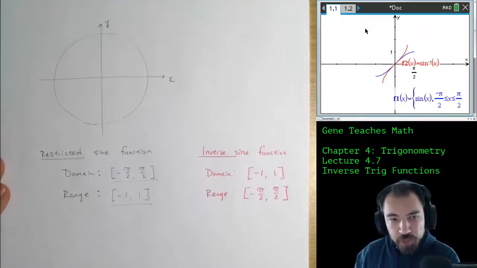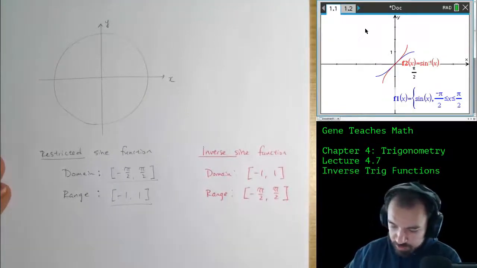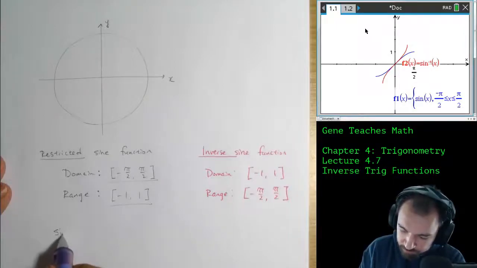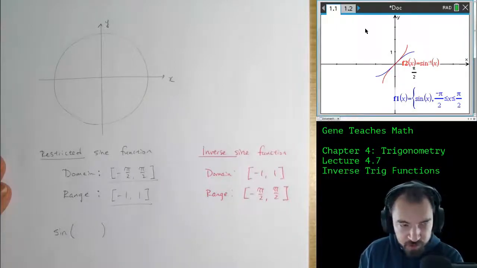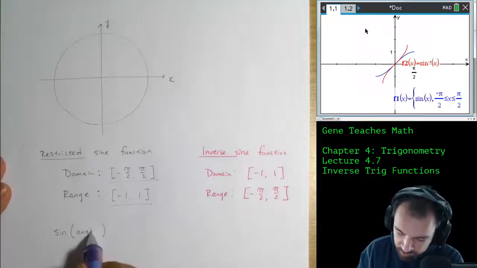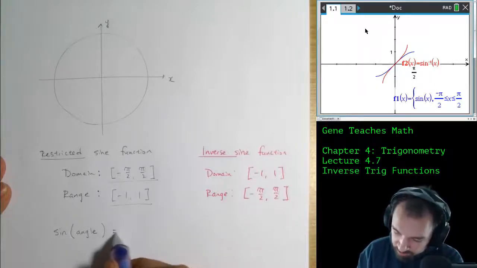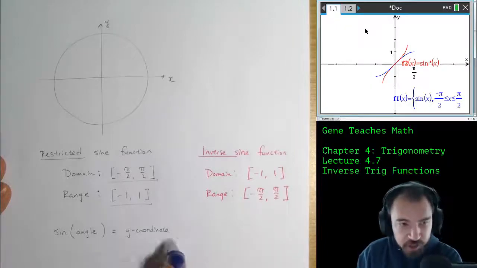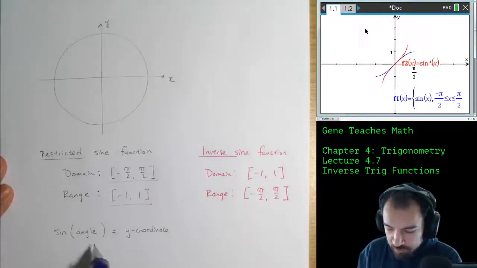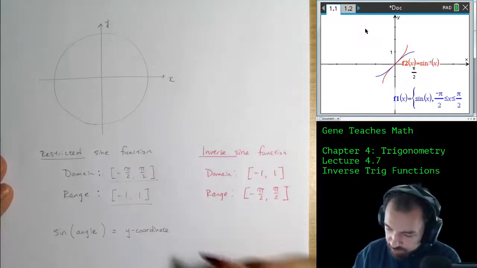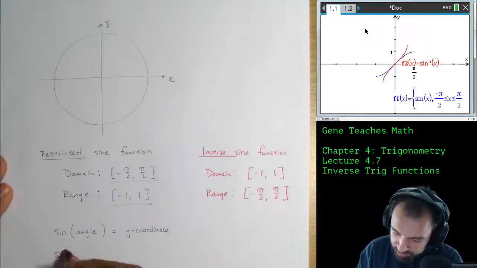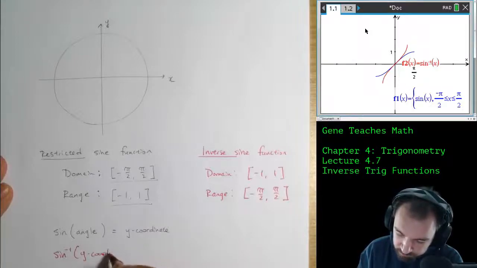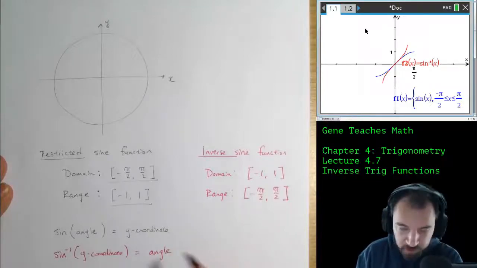Okay. But what this means to us, when we do sine, the input of sine is going to be an angle in the unit circle. And as a result, we're going to get a y-coordinate, or in the case of a right triangle, opposite over hypotenuse. So if we switch the input and the output, what's going to happen is sine inverse of the y-coordinate is going to give us the angle.